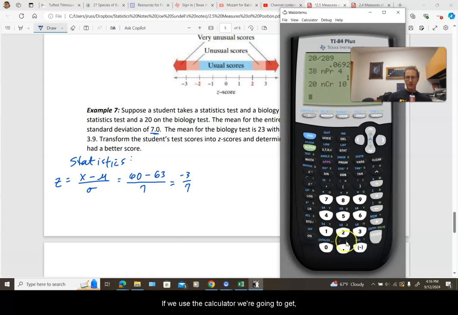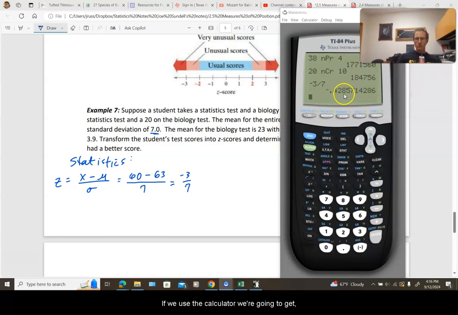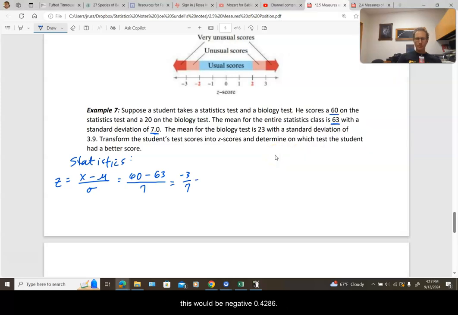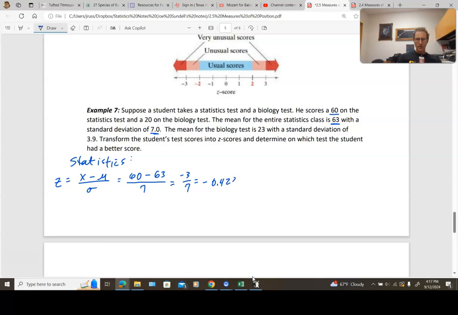If we use the calculator, this would be negative 0.4286. Okay, so that's the z-score for the statistics test. It's negative because 60 is below 63, right? He scored below the mean. But it's only about a half of a standard deviation below the mean, because 3 is about half of 7.